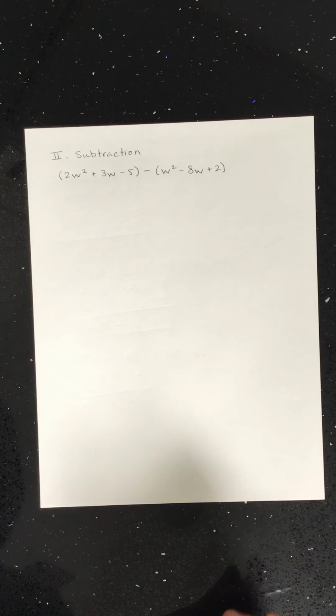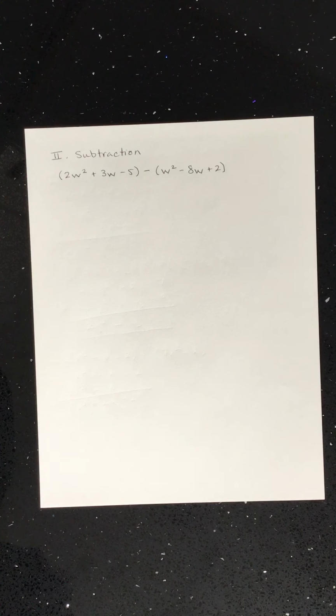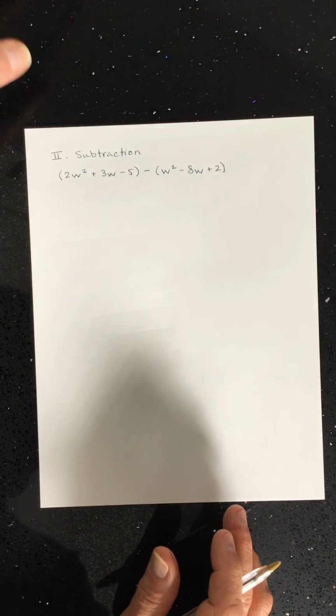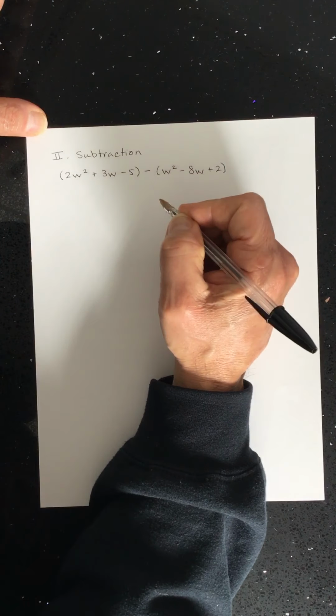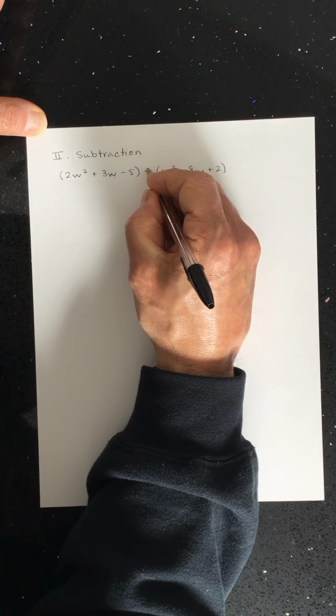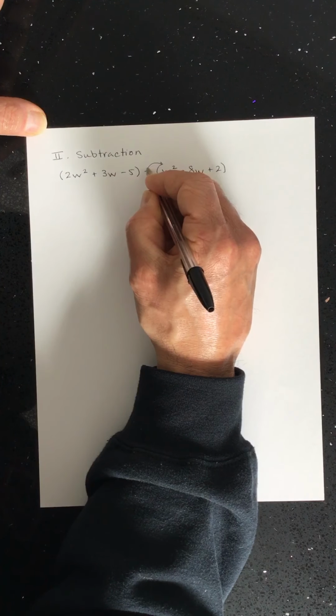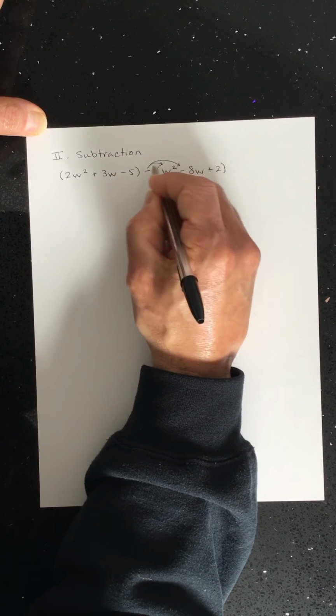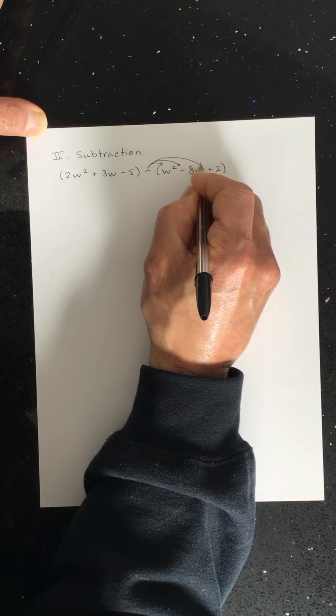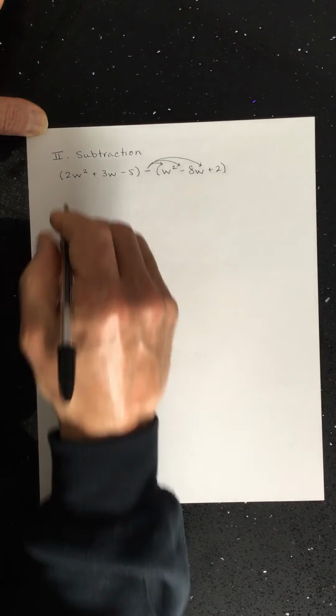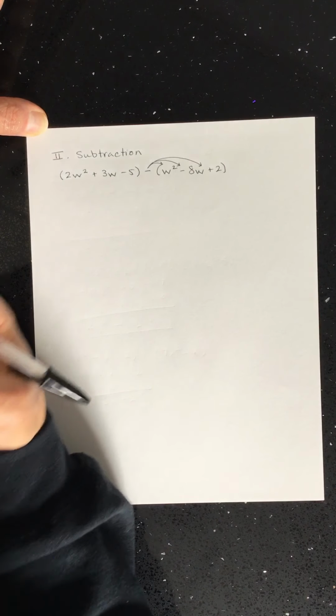Okay, so what we do here is we still stack it, but there's just one thing that I might do differently here. I'm going to distribute this negative first. So I'm going to distribute the negative to all three terms. So then what that allows me to do is just use addition still.